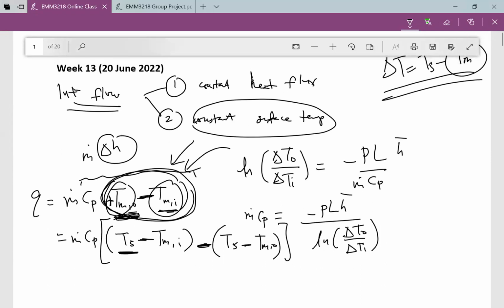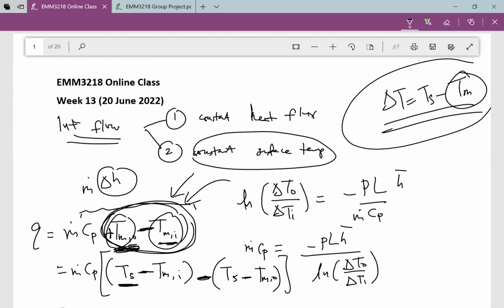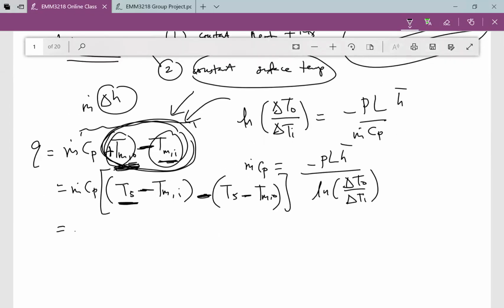However, now we can write the equation in terms of delta T, which is defined by this, right? So we have m dot Cp, this is delta T I, for the inlet, minus this is delta T for the outlet, so delta T out. Okay.